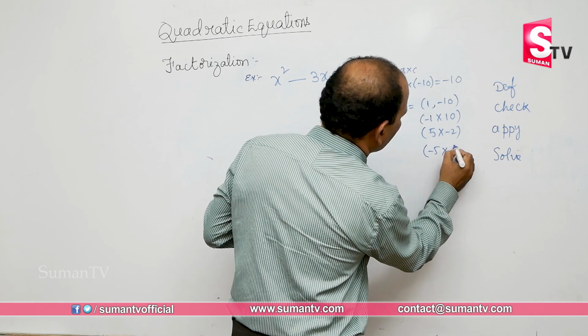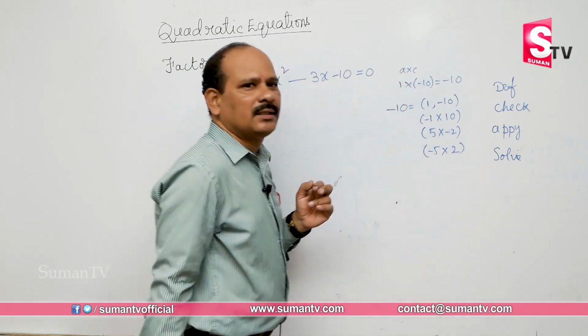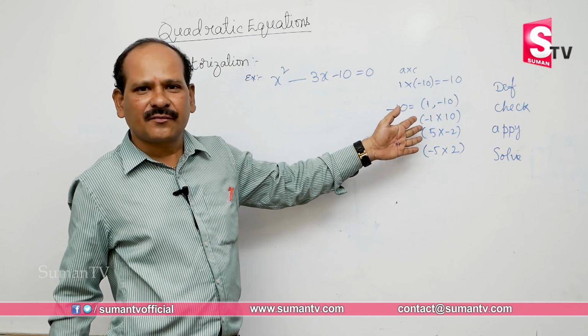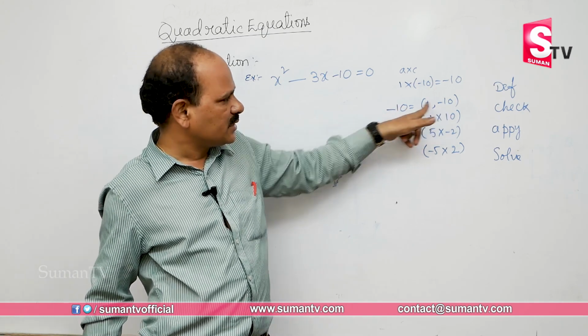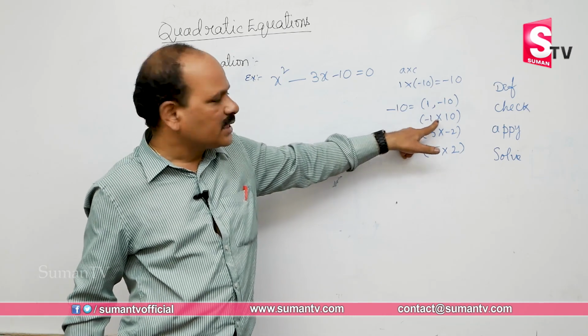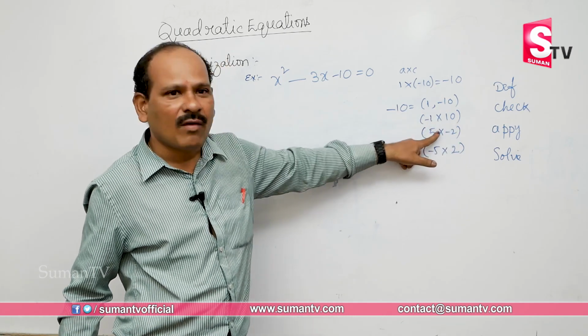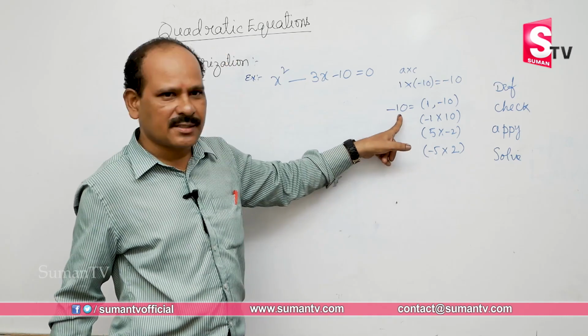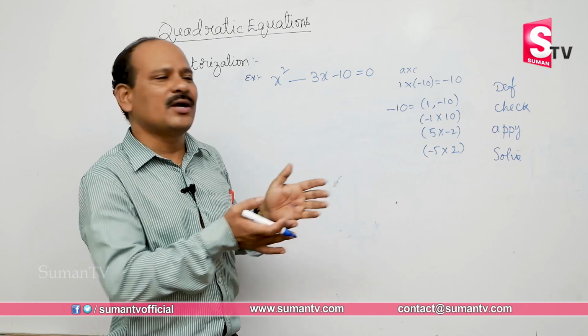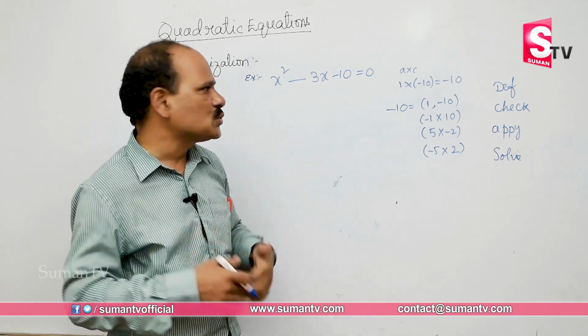Minus 5 into 2. These are the 4 pairs of factors of minus 10. 1 into minus 10 is also equal to minus 10. Minus 1 into 10 is also equal to minus 10. 5 into minus 2 is minus 10. Minus 5 into 2 is also minus 10. But which pair of factors do I have to take? Which factors do I have to choose?